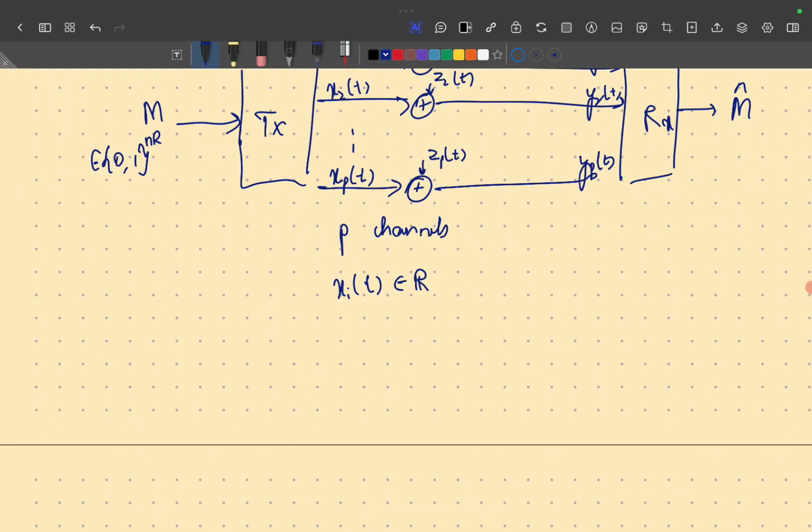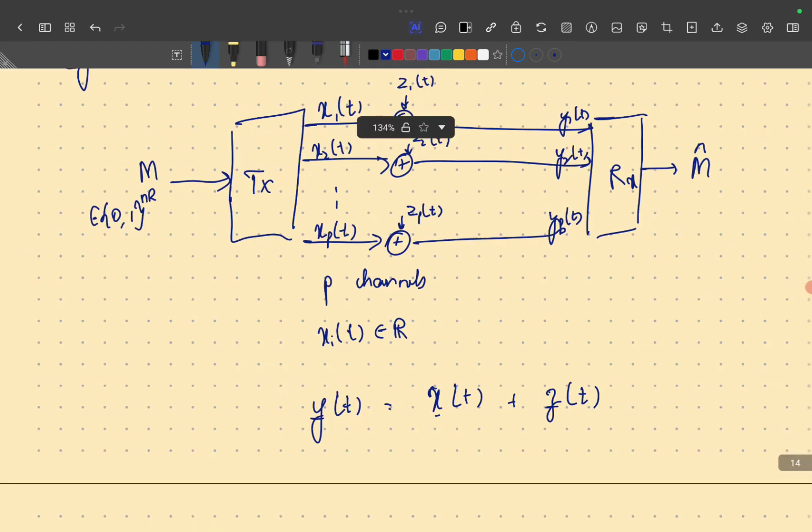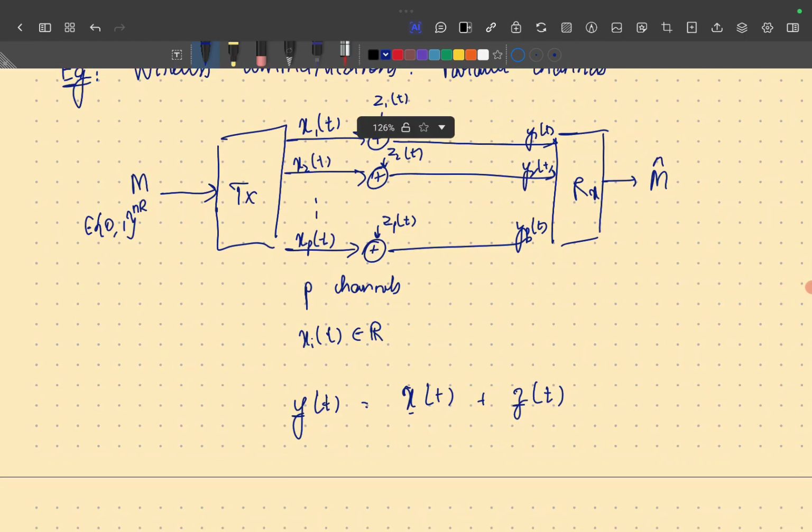So in each time instant, the vector y of t is equal to the vector x of t plus the vector z of t. Okay, is this much okay? Any questions? So this is basically my model for the communication system.